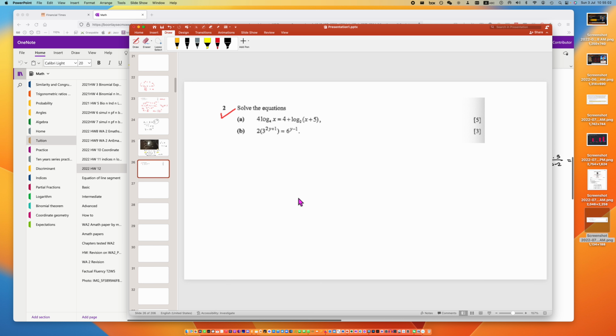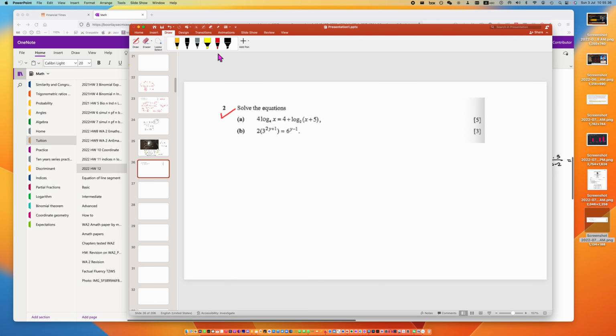So this will equal to log 2x. Is this correct?